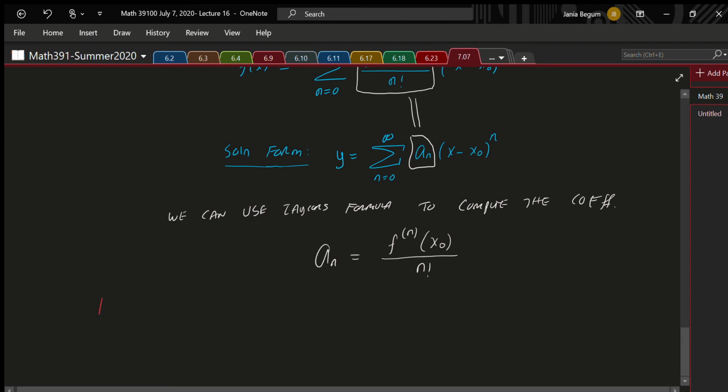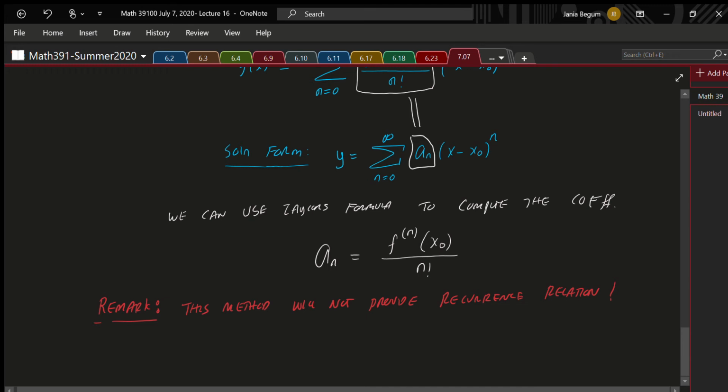Remark: this method will not provide a recurrence relation. So that's the downside.